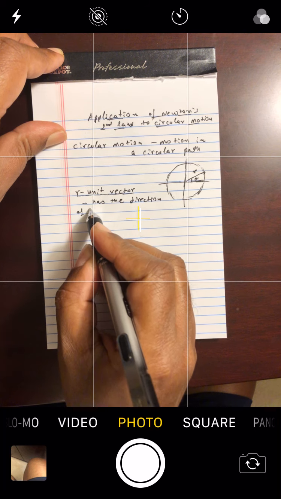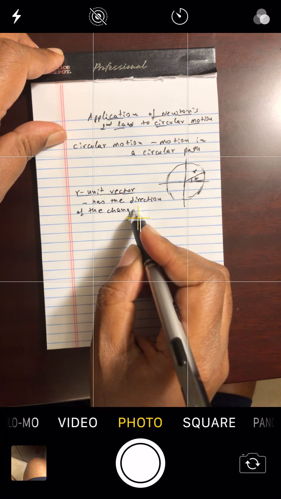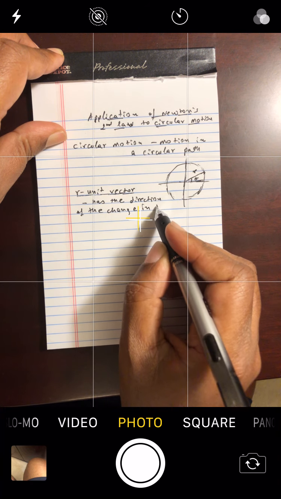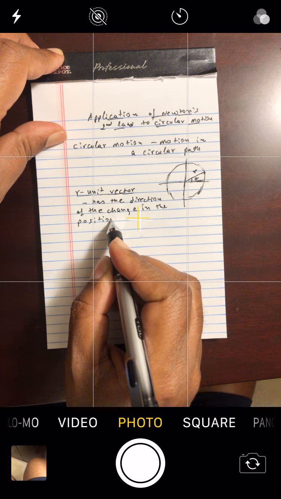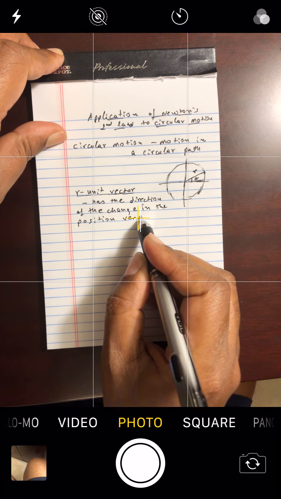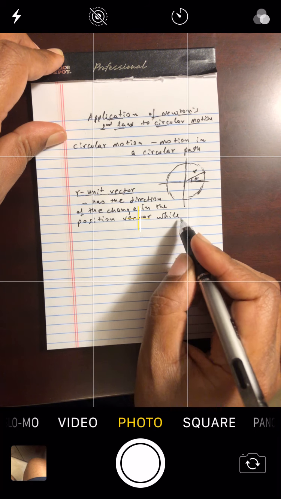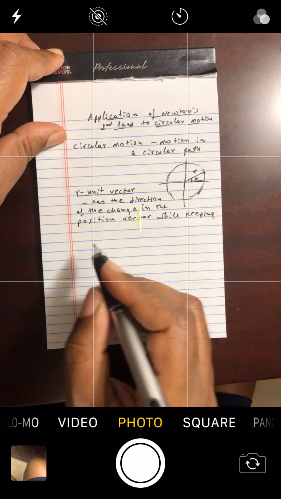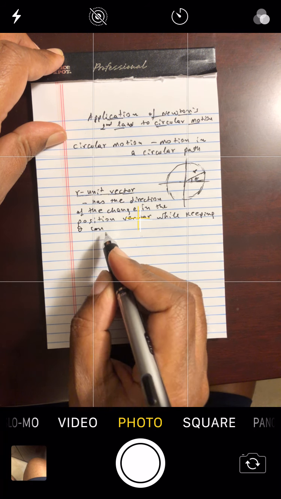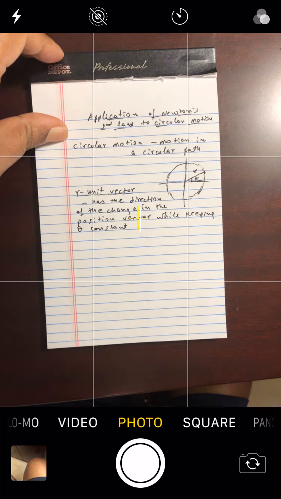That's the definition of our unit vector.